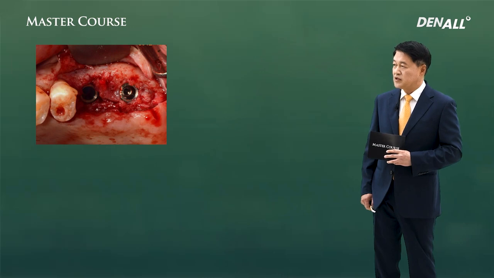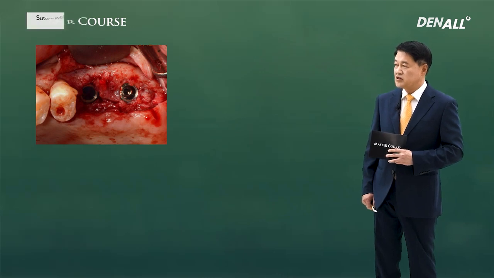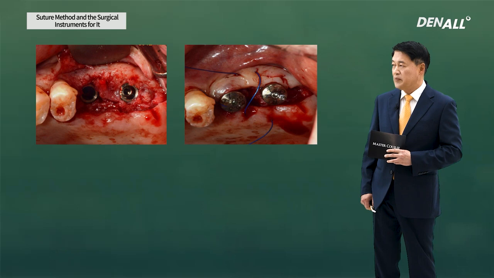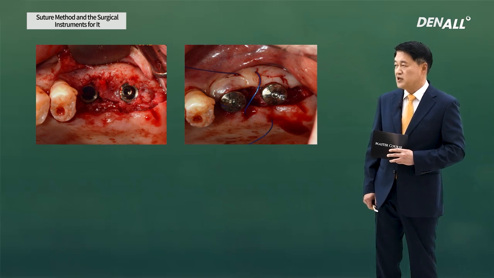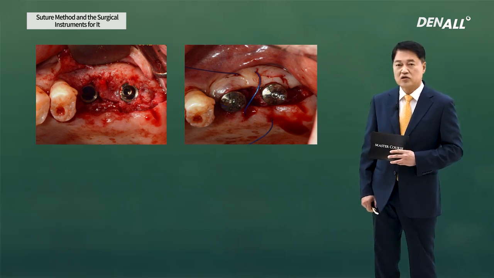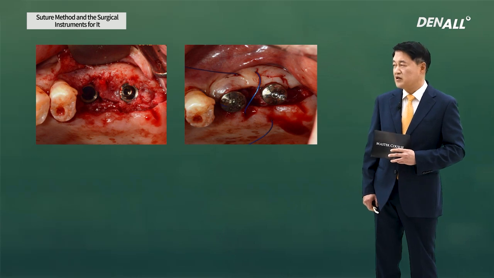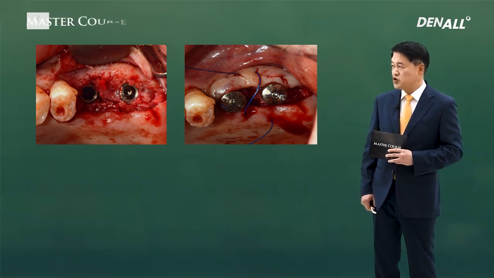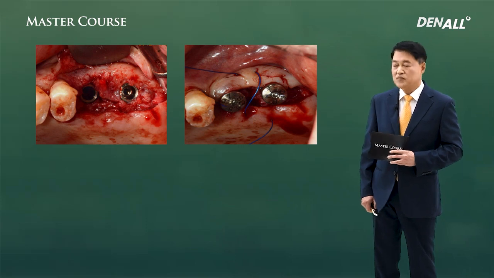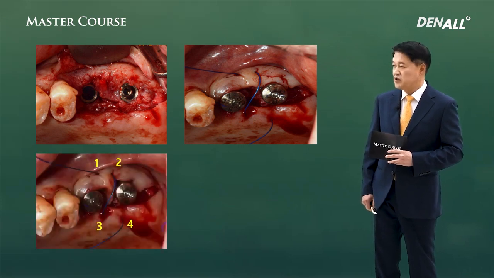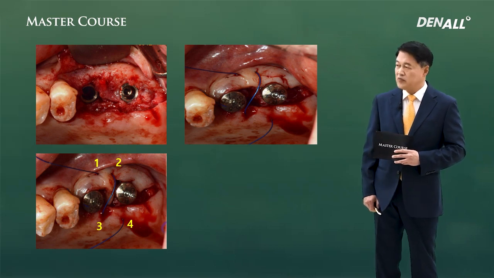So again, in this photo, as you see, after placing the implant, the healing abutment was delivered, and on the upper posterior, if you have a thick flap, then you cannot close it sufficiently. So if you have attached gingiva through the palatal, you push it to the medial side, and to fix the flap in position, you need an external matrix suture.